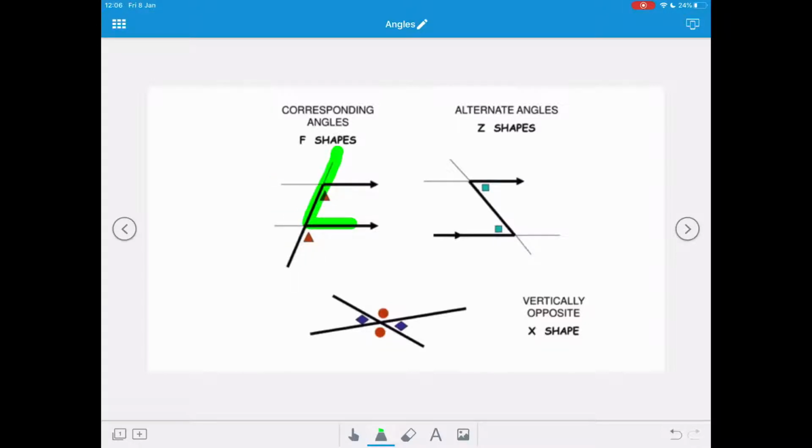We could put the F on upside down, or we can put the F on backwards and upside down, but the corresponding angles are in the same place on the F. With our alternate angles, we have a Z shape, and it can be forwards or backwards, and so the squares in the picture shown are equal alternate angles.